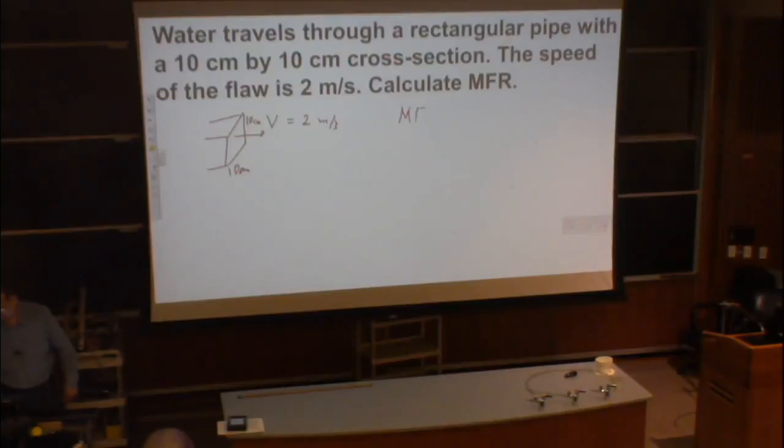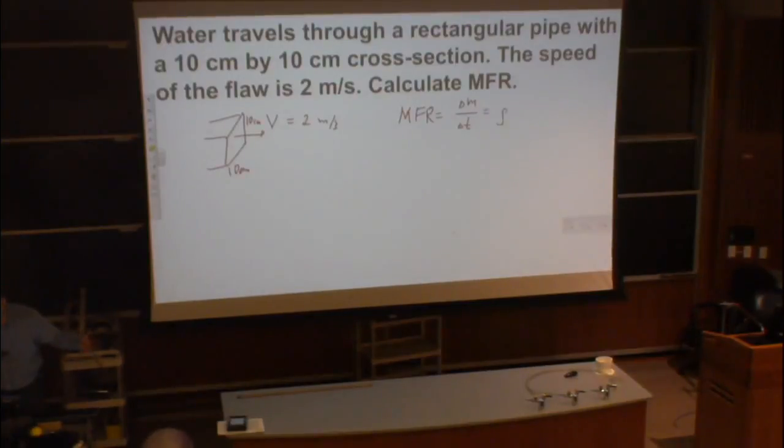Mass flow rate. For the mass flow rate, we have two possible equations. One is a definition. It tells how many kilograms travel per second. Normally, we don't use this for calculating the mass flow rate. Normally, we use this for calculating how much fluid travels in a minute or in an hour when we already know the mass flow rate.